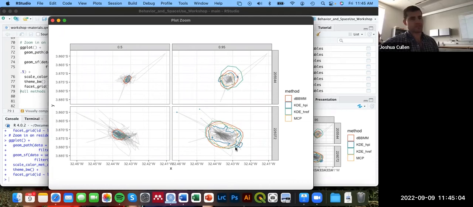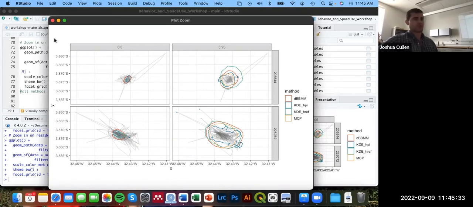Whereas for this 95% contour, the plug-in method is identifying some of the ends of these spiked movements as part of the 95% contour, which doesn't quite make sense. It has some other holes or gaps here, which may not be particularly helpful. Whereas all the other three methods provide similar estimates of essentially this ellipse around the space being used.